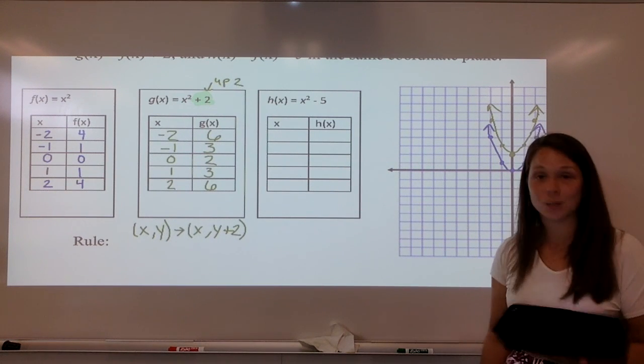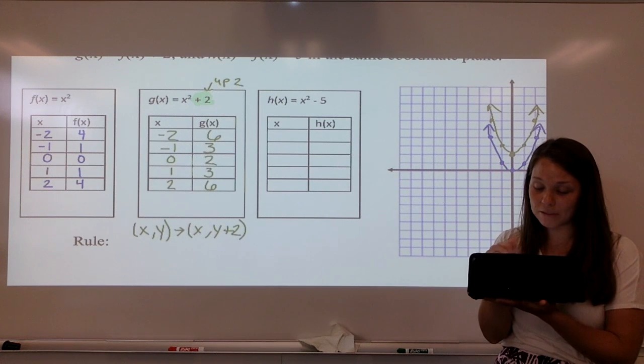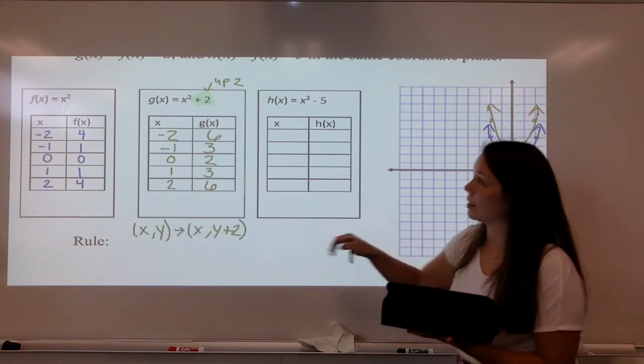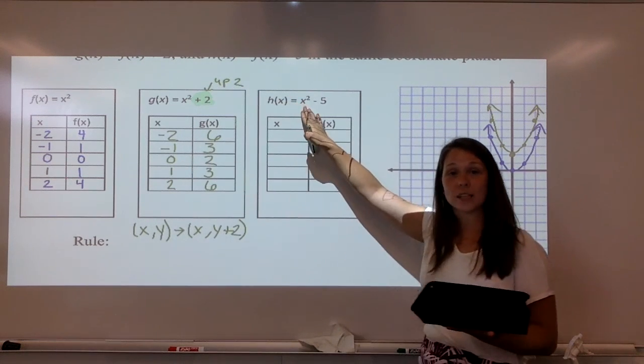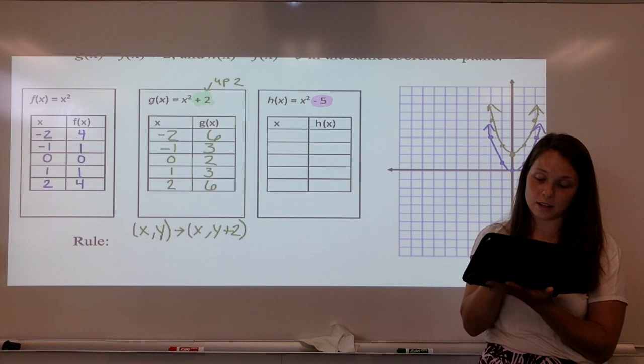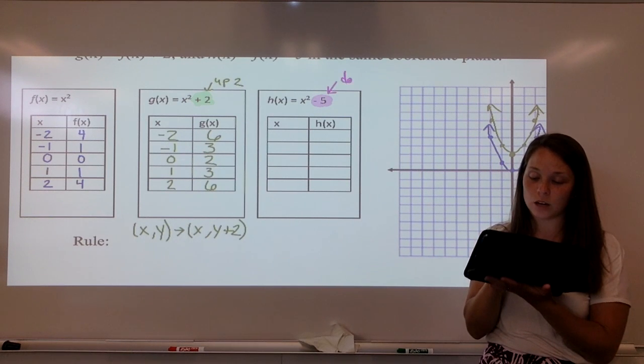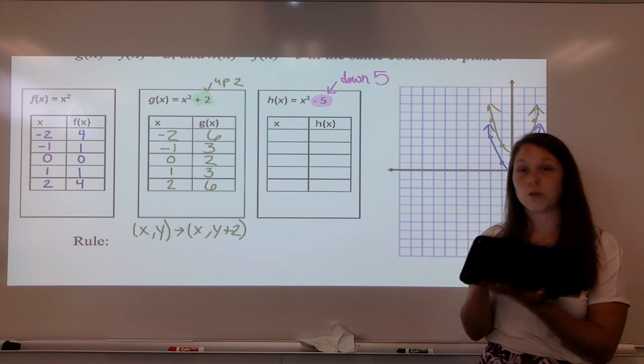All right, let's do the next one. H of x equals x squared minus 5. The thing that is different here from the original x squared to now x squared minus 5 is the minus 5. And that means we are going to be moving down 5 units.